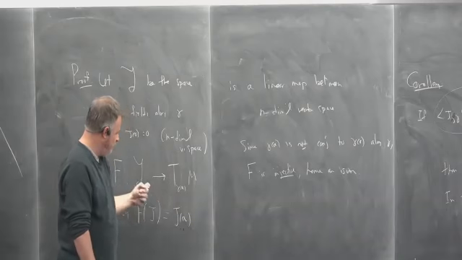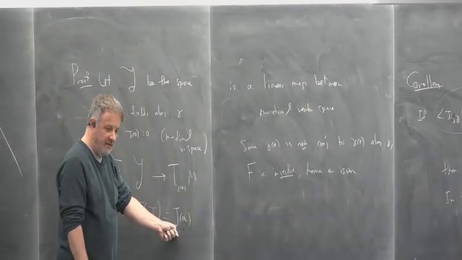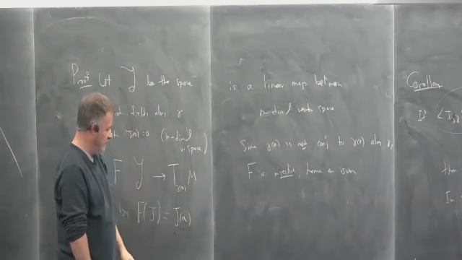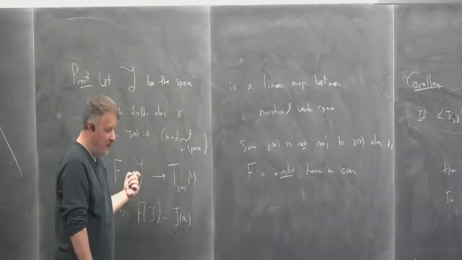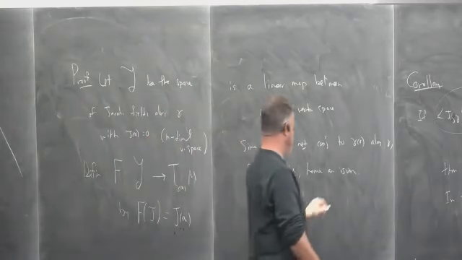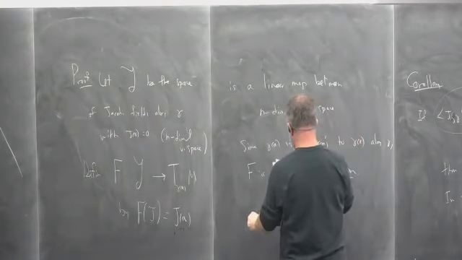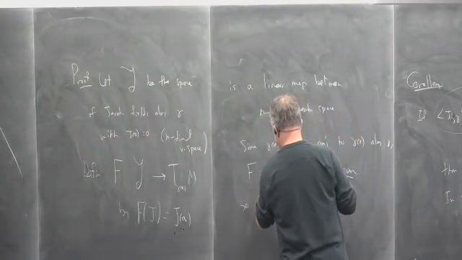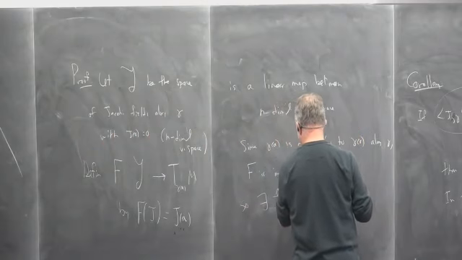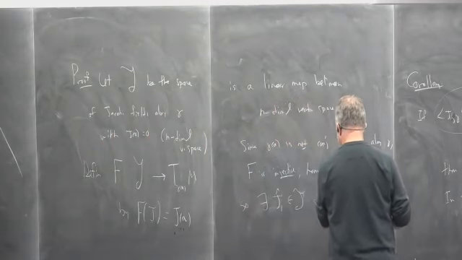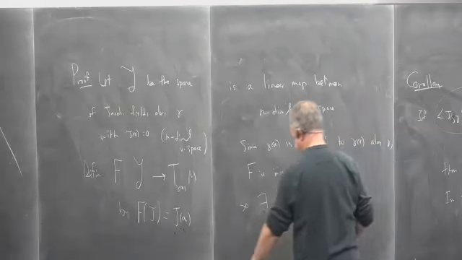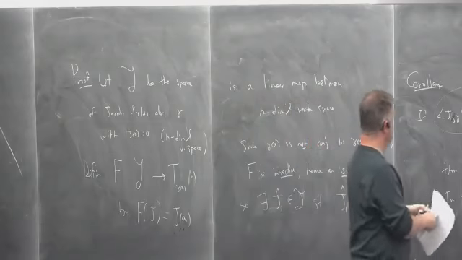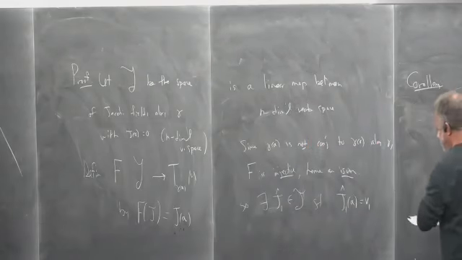So if there was some non-zero J which does this, then gamma of A would be conjugate to gamma of 0. But my hypothesis is gamma of A is not conjugate to gamma of 0. So the only J in the kernel is the zero J. So it's injective, hence an isomorphism. So there exists some J1 hat in script J such that J1 hat of A is V2. Because it's an isomorphism, that means it's onto.